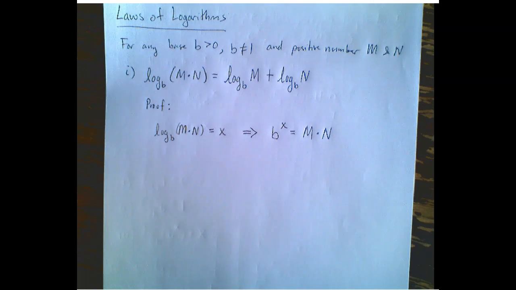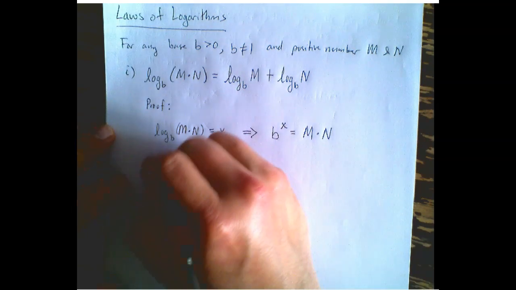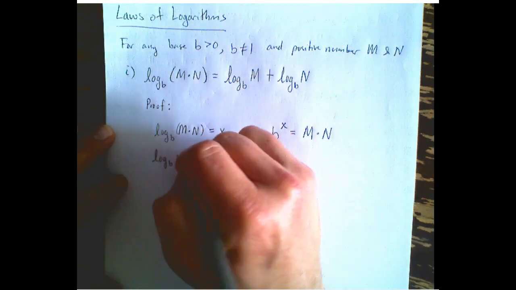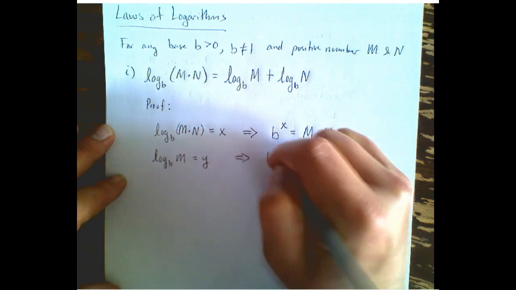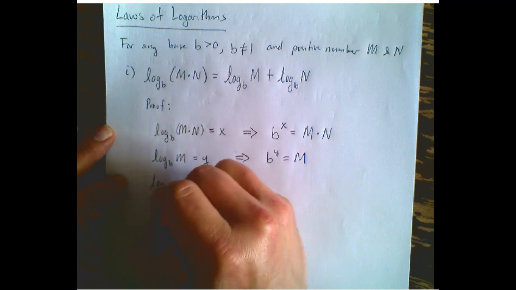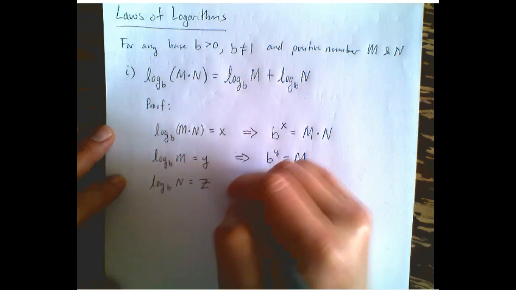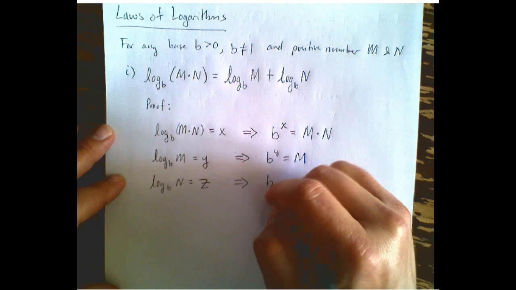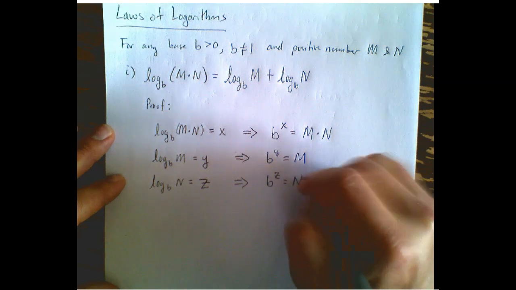Right? And log base b of m equals, let's say, y, is equivalent to b to the y equals m. And log base b of n equals, let's say, z, is equivalent to b to the z equals n. Right?